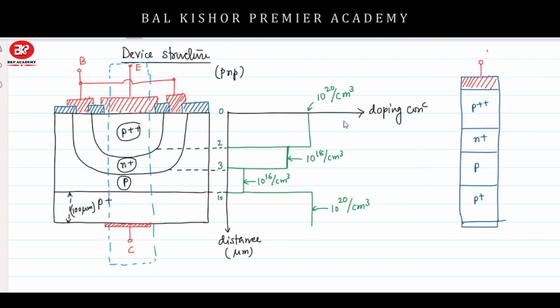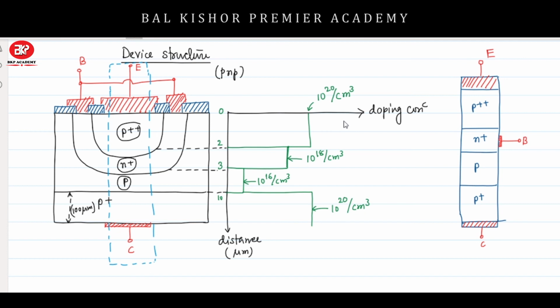So there is a terminal, emitter. There is a terminal, collector, and we should have an extra terminal here to denote the base terminal. So this is the base terminal.